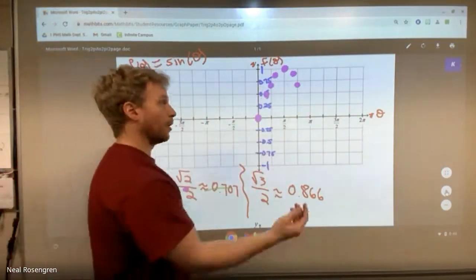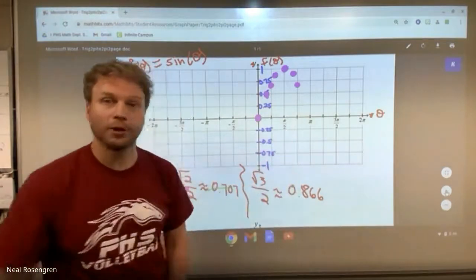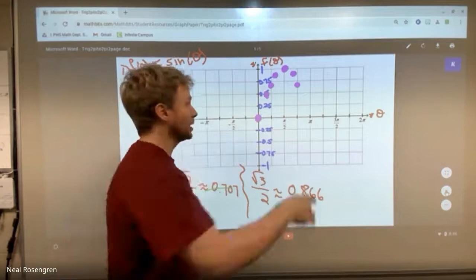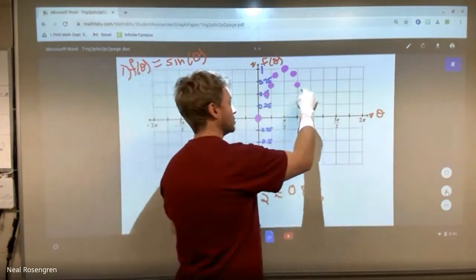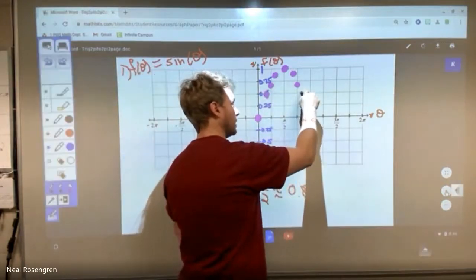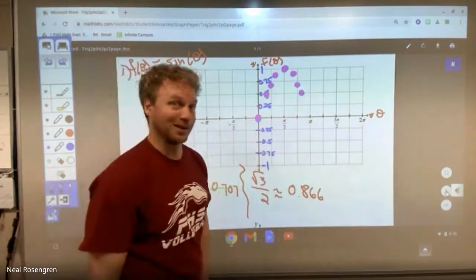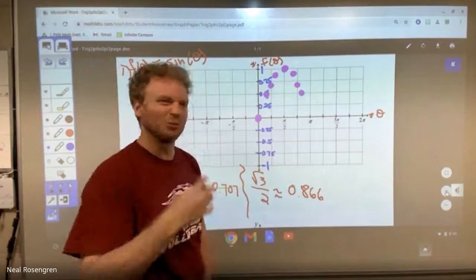Cool. All right, now we get to that 150-degree spot, that 5 pi over 6, and that's at 1/2 again. So we go 1/3 of the way into that next box. You can see why we're not going to do all this estimating as we go through it again, but I wanted you to have one really, really good one.